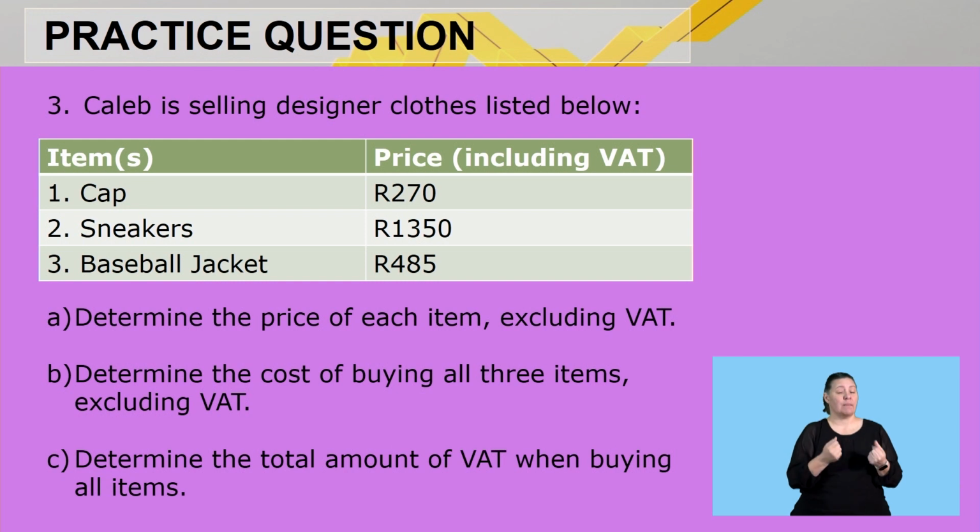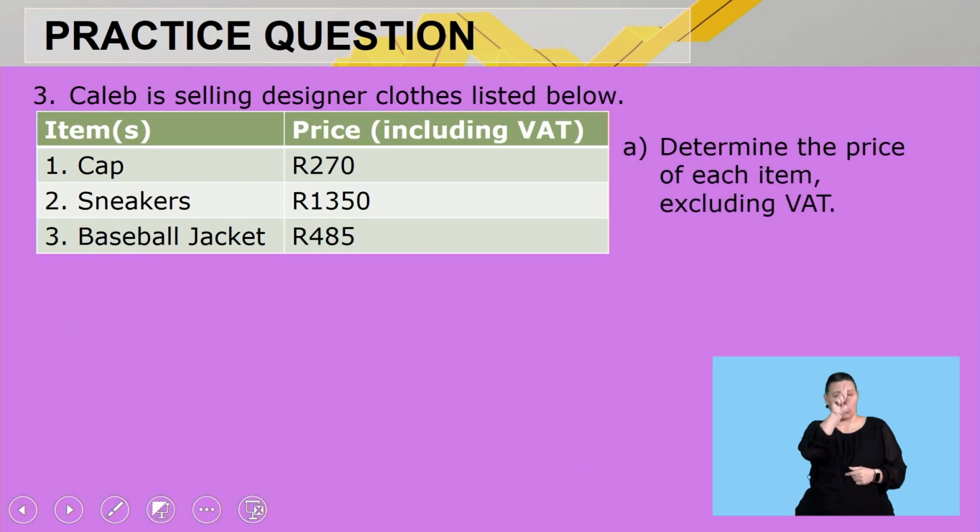We are given the total amount of each item, and we are also told that the prices on this list include VAT. So VAT has already been added on these items. Right, now we are going to look at the questions that follow below.